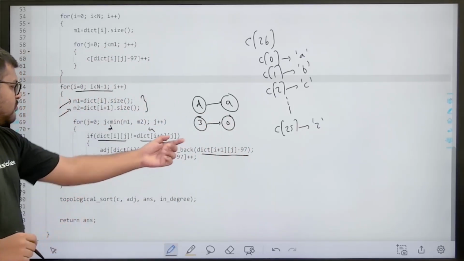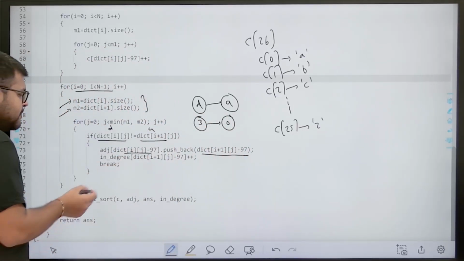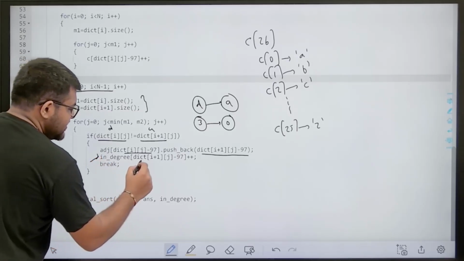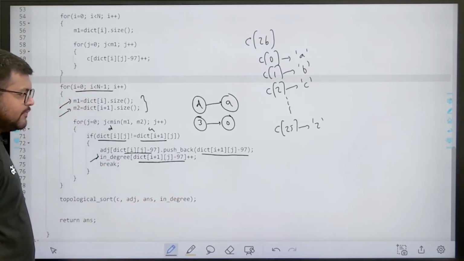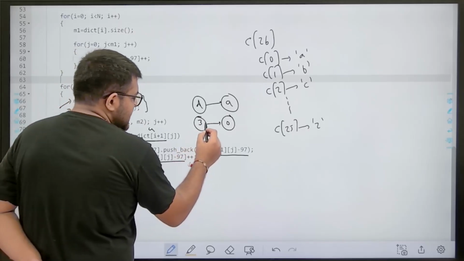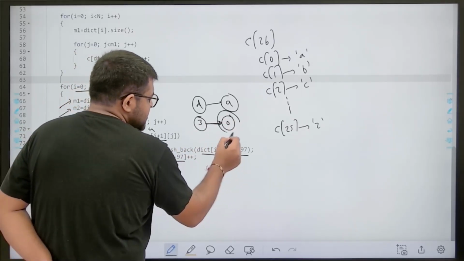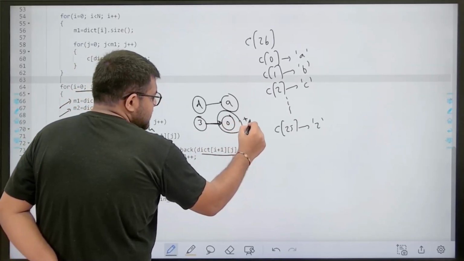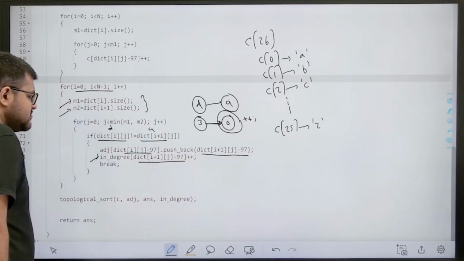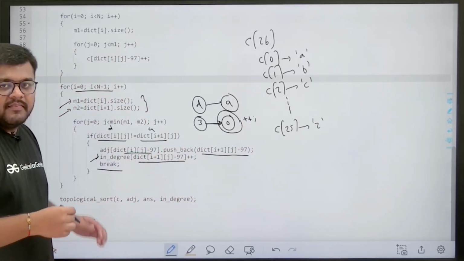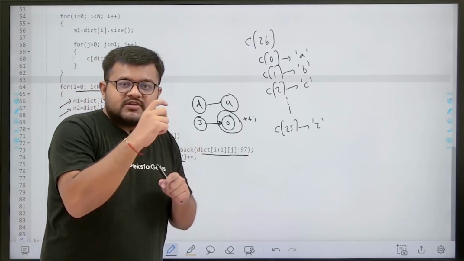Okay, so that is what this adjacency list is doing. And I'll mark in degree of dictionary[i plus 1][j] minus 97 plus plus. Why? Because if there is a directed edge from 3 to 0, this node's in degree will increase by 1. So I'll do in degree of this plus plus and I'll immediately break. Why? Because we can only compare the first mismatching character.